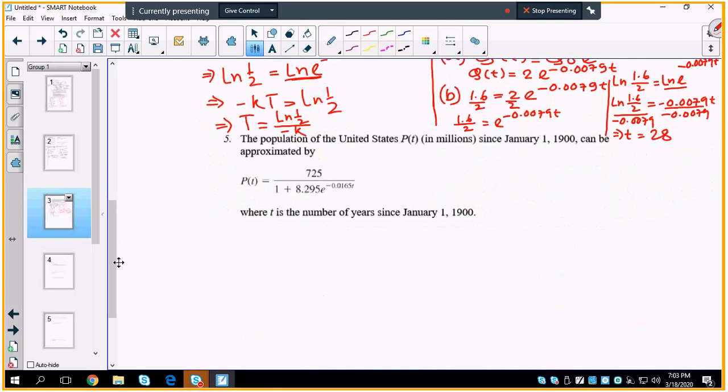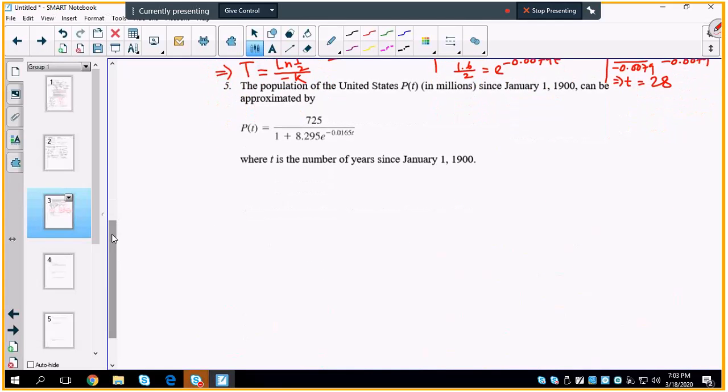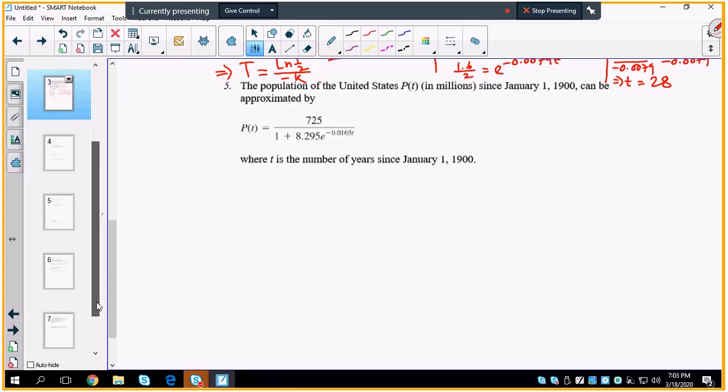The next type of equation that we will deal with is the logistic equation. So let's try to understand these types of equations as well. The population of the United States, P(t), in millions since January 1, 1900 can be approximated by P(t) equals 725 over 1 plus 8.295 times e to the power negative 0.0165t, where t is the number of years since January 1, 1900.